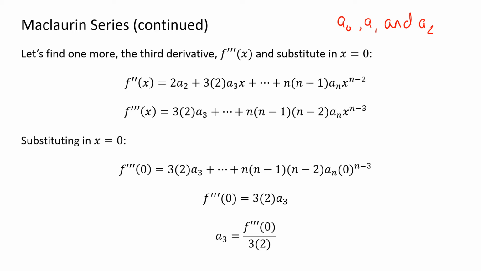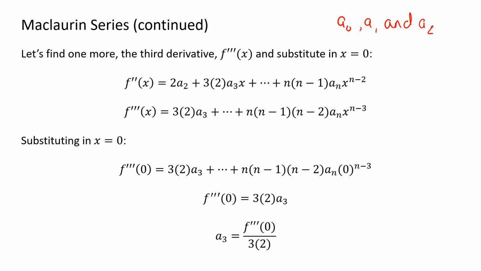So we're going to find the third derivative now. So we have our second derivative written here, 2 times a2 plus 3 times 2 (you will see why I leave it as 3 times 2 later on) times a3 times x plus, again, our final term here that sits as just n.